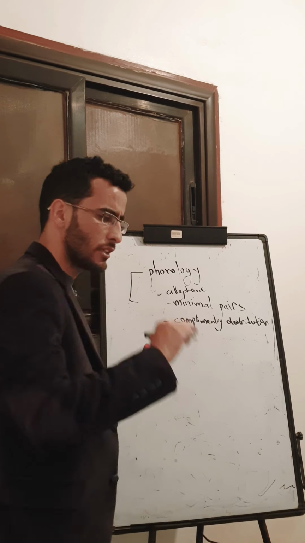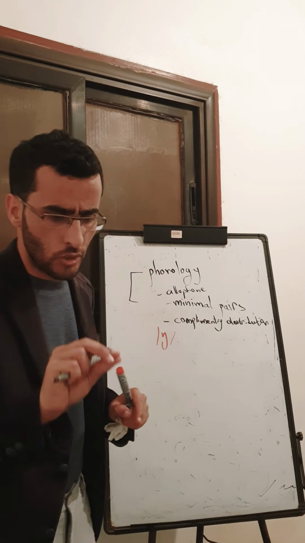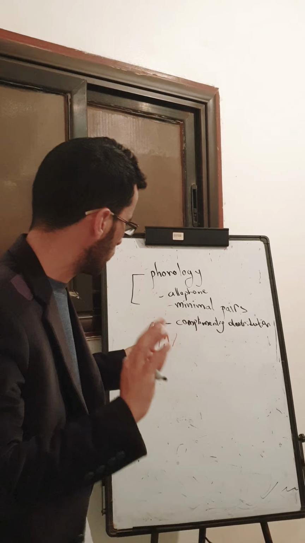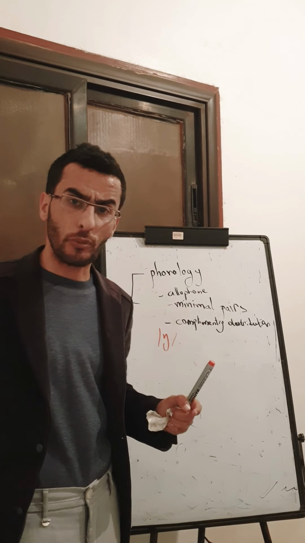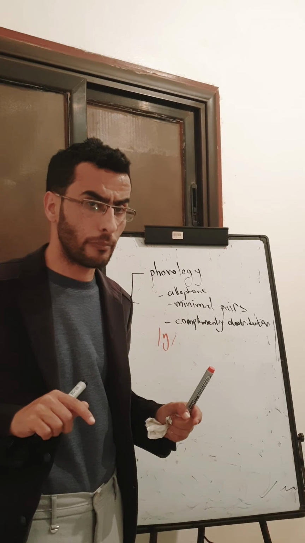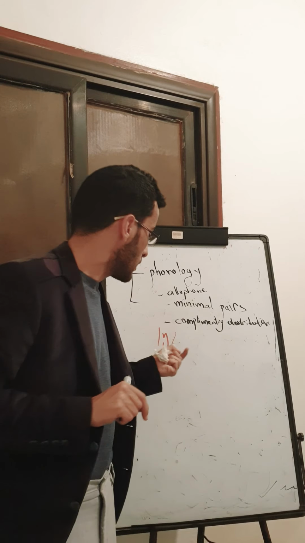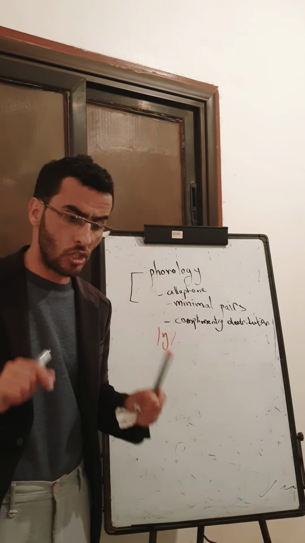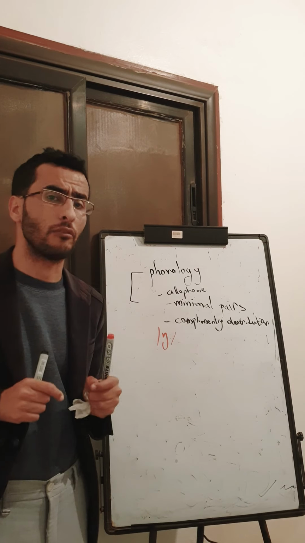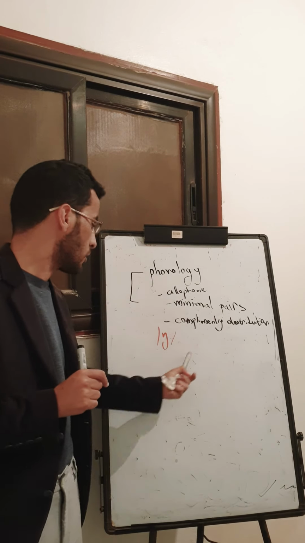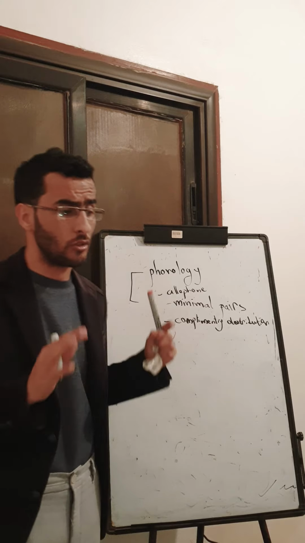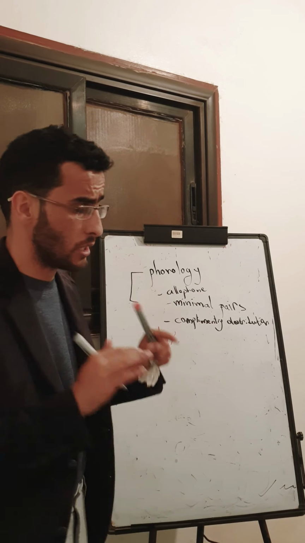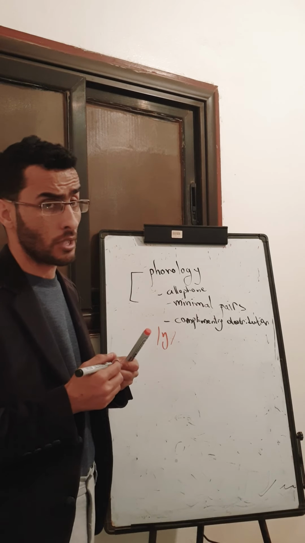It has different positions it can occupy, but there are specific positions it cannot be put in. For example, you cannot find this in the beginning of a word. It has specific places to stay in English.